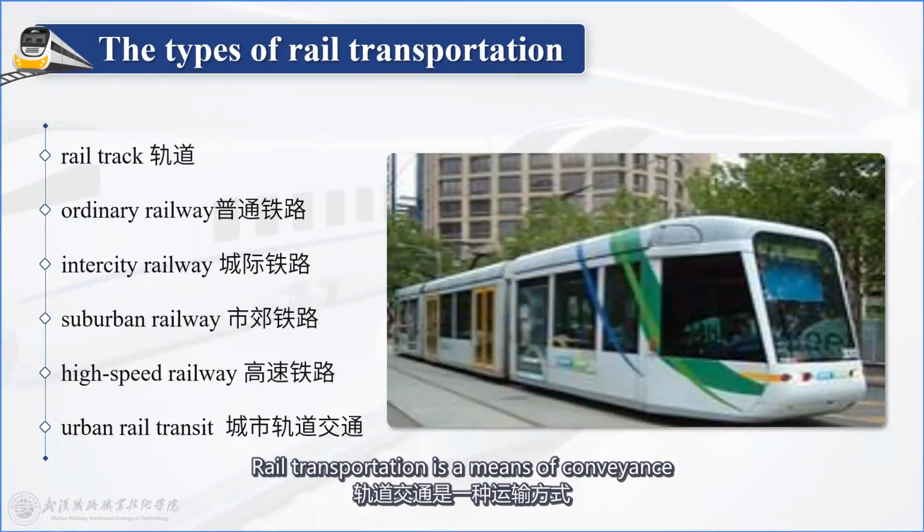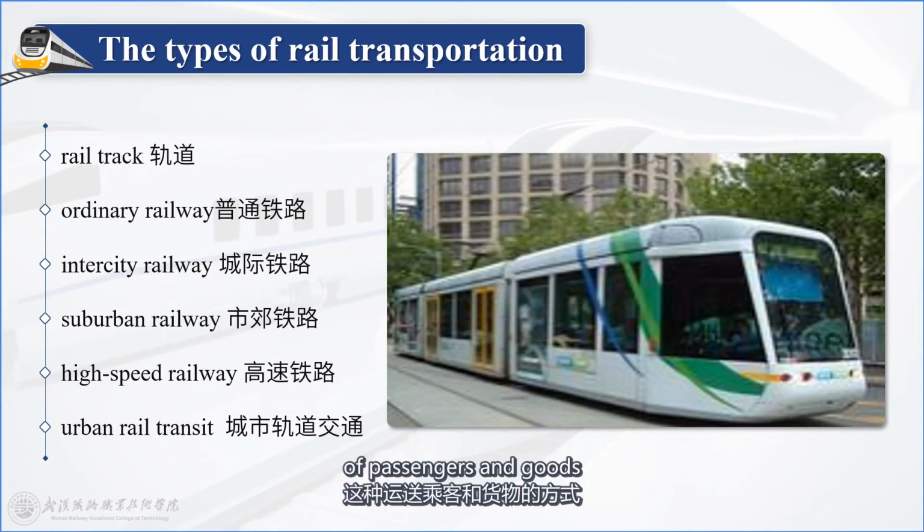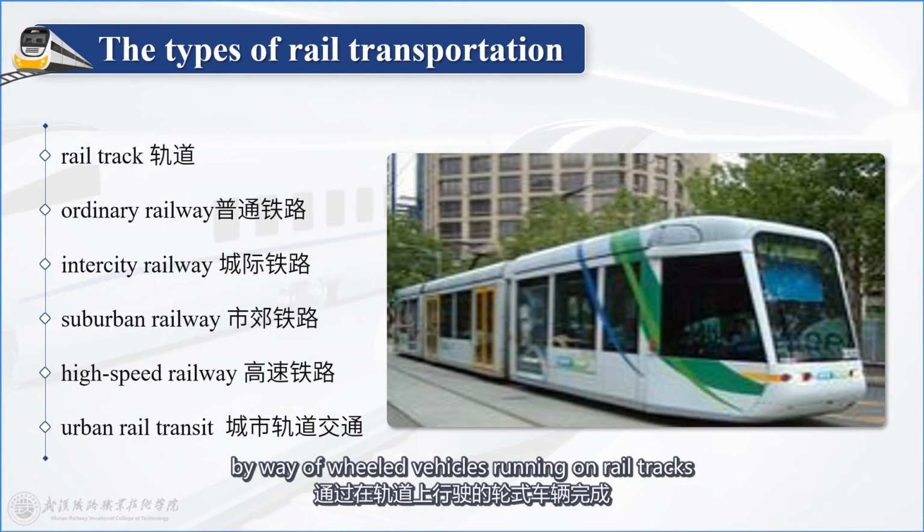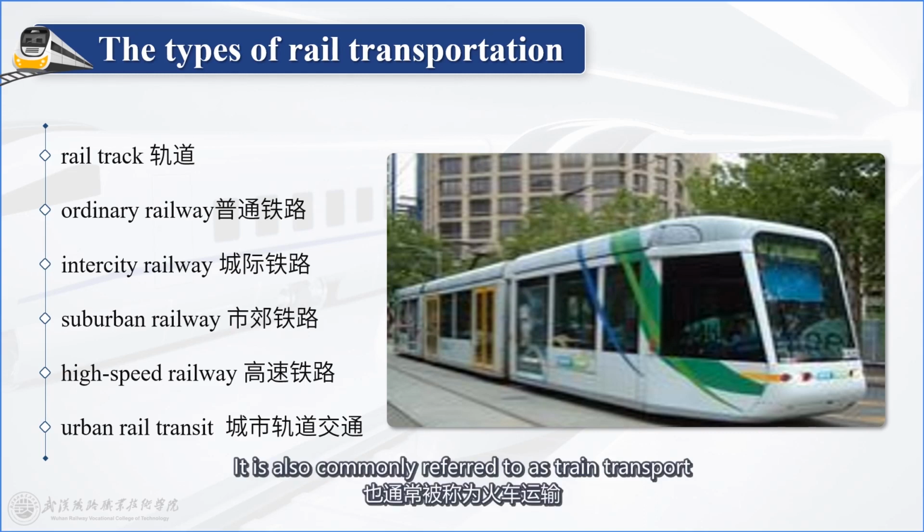Rail transportation is a means of conveyance of passengers and goods by way of wheeled vehicles running on rail tracks. It is also commonly referred to as train transport.